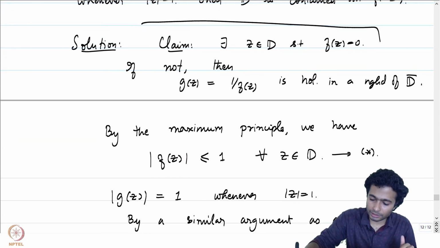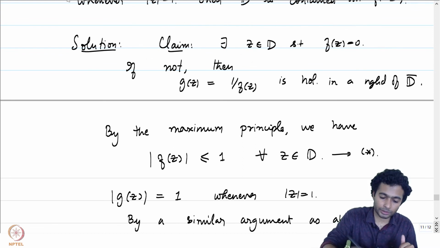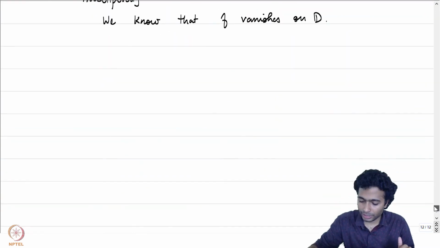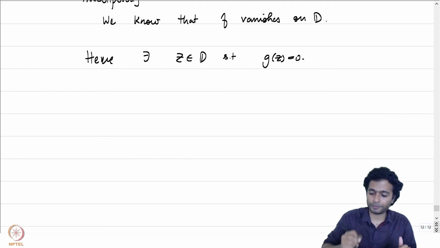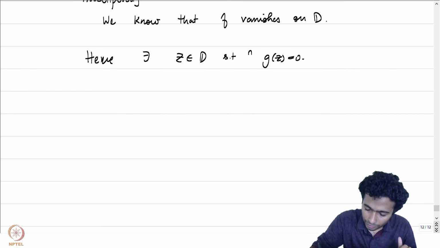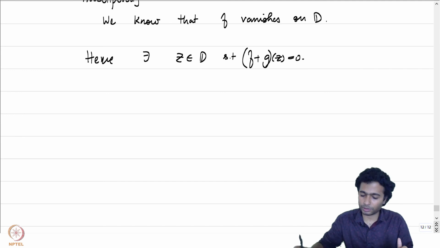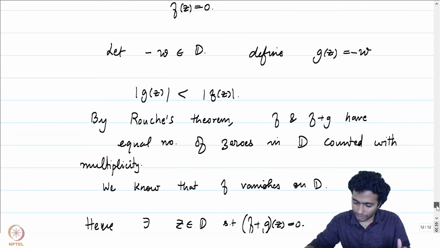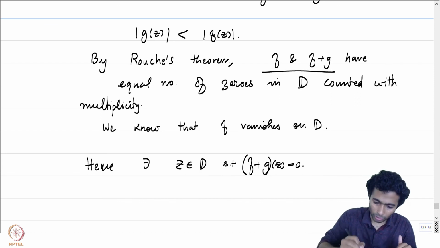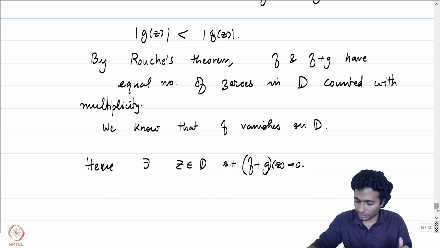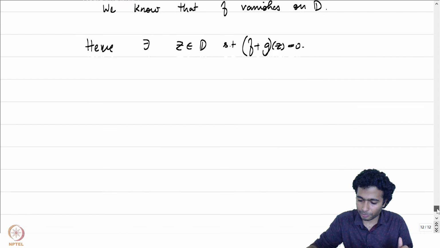Claim was that there exists some z such that f of z is equal to 0, and hence by Rouché, there exists some z in D such that f plus g of z is equal to 0. So f plus g will turn out to be equal to 0.